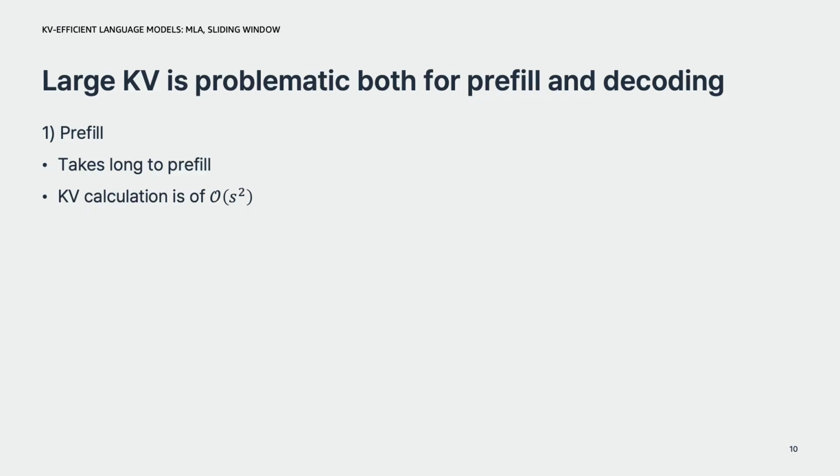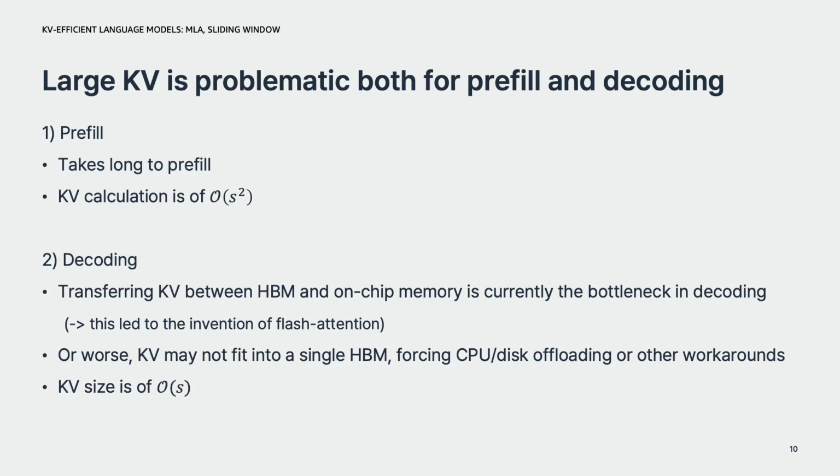So prefill can take a lot of time if S is large. Large KV is also a problem in the decoding phase, because currently the decoding phase is bottlenecked by the KV transfer between HBM and on-chip memory.